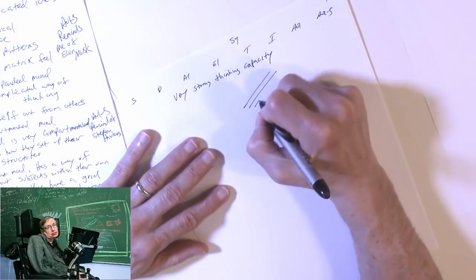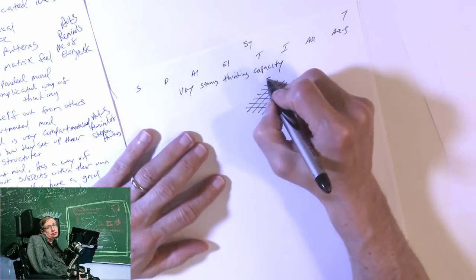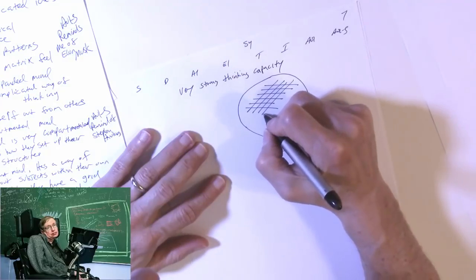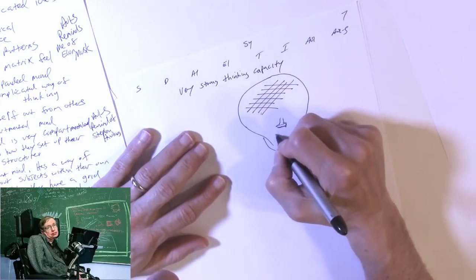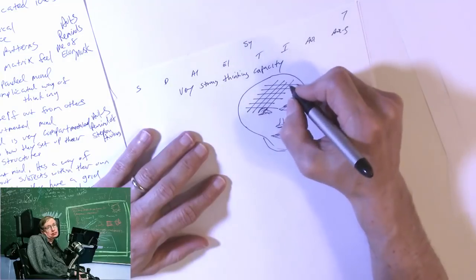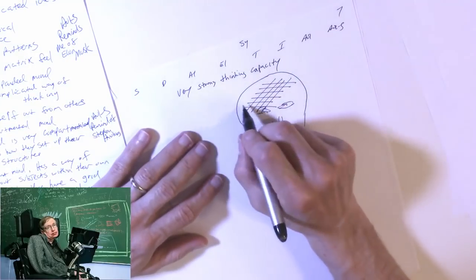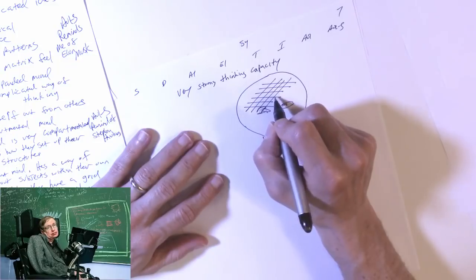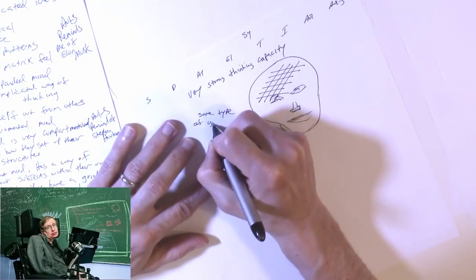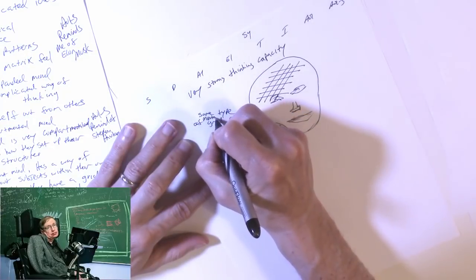But I'm seeing this grid pattern, like some type of grid pattern, type of mental grid pattern.